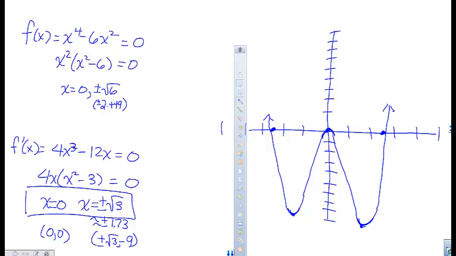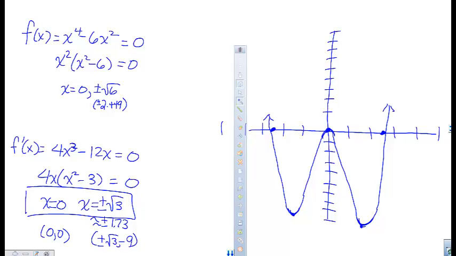With the plus and minus square root 6, they only appeared once each, so we actually cross the graph at those points. But for 0, it has an even multiplicity, so it just touches the graph here. If you remember that, that's great. If you don't, that's okay too.